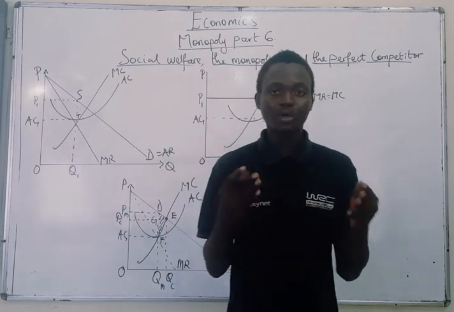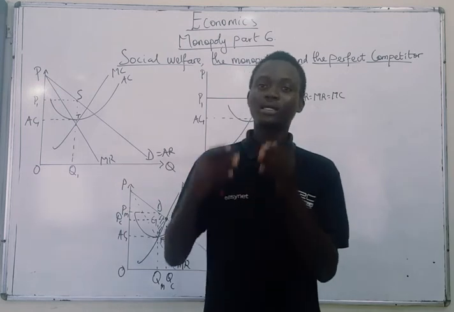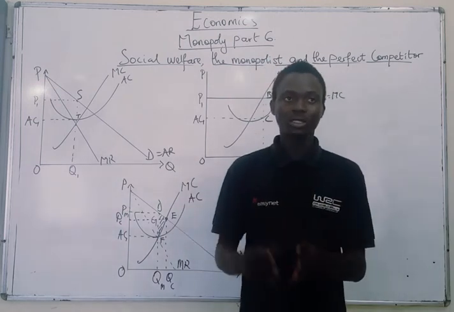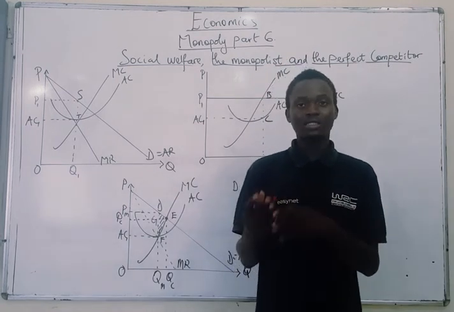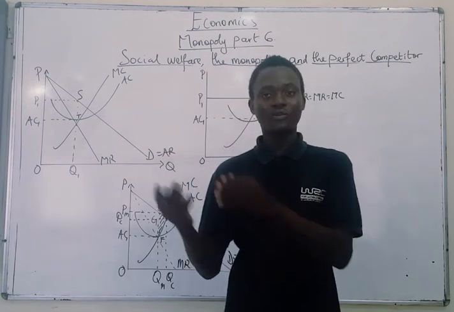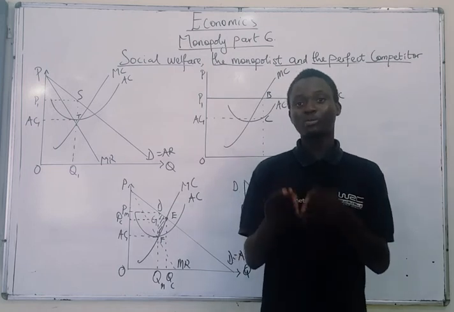Now, producer surplus is simply the difference between a producer's marginal cost and the price that actually goes to the market. So if the marginal cost of producing a product is, let's say, 30 naira, and the producer discovers that the equilibrium price in the market is 50 naira, then 50 minus 30 is 20 naira. So 20 naira is the producer surplus.